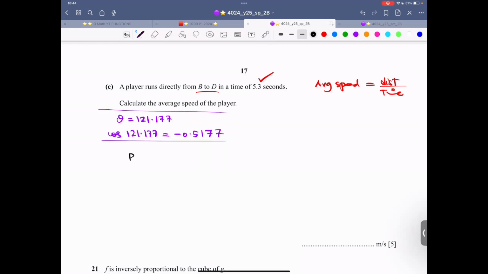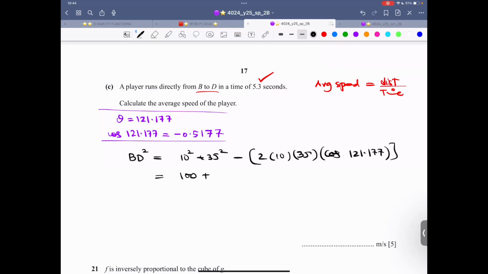Therefore, BD squared is equal to 10 squared plus 35 squared minus 2 into 10 into 35 into cos of 121.177. Now look at the working. This is 100. How much is 35 squared? 35 into 35, that's 1225. This minus on the outside, this thing is negative because this angle is obtuse.